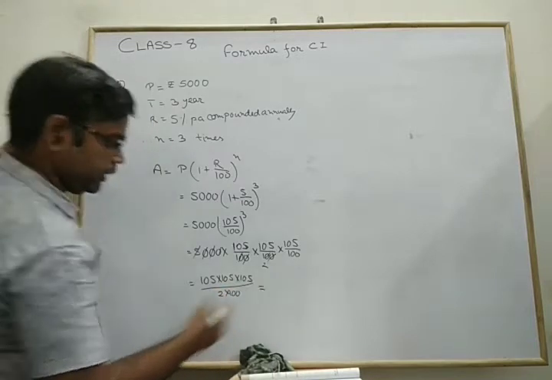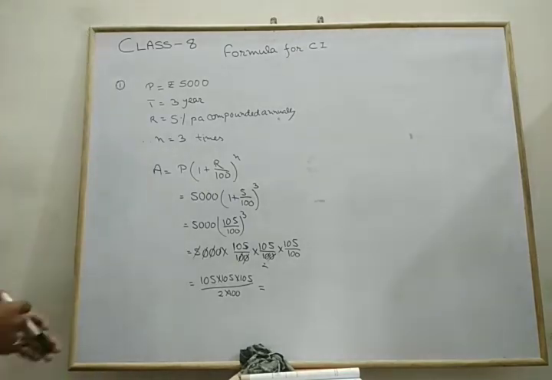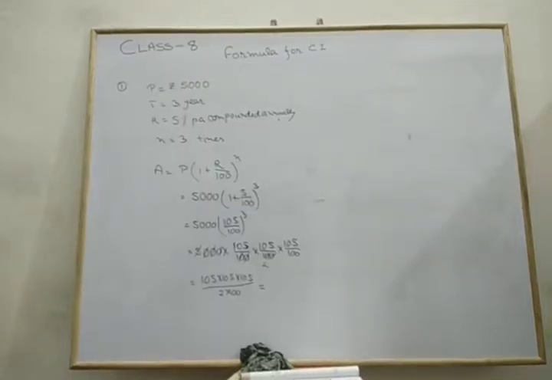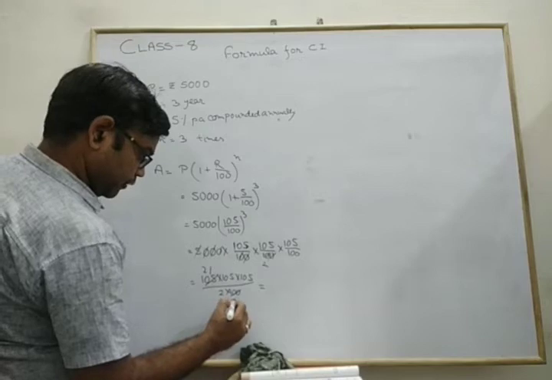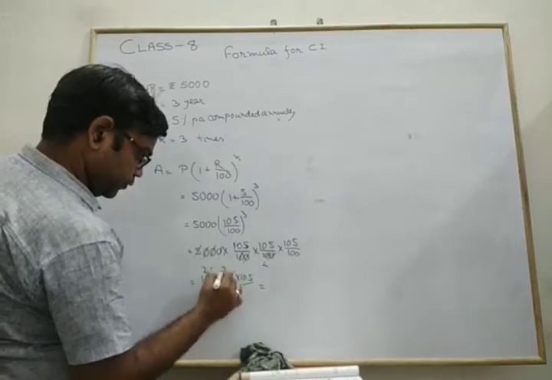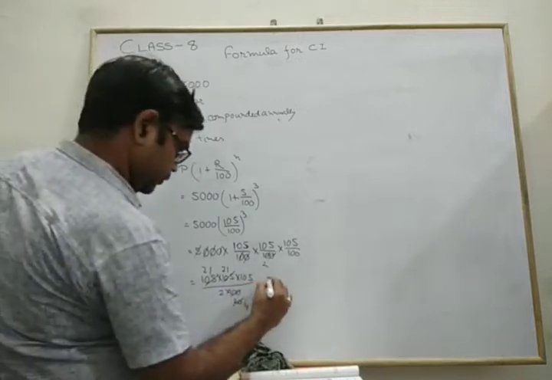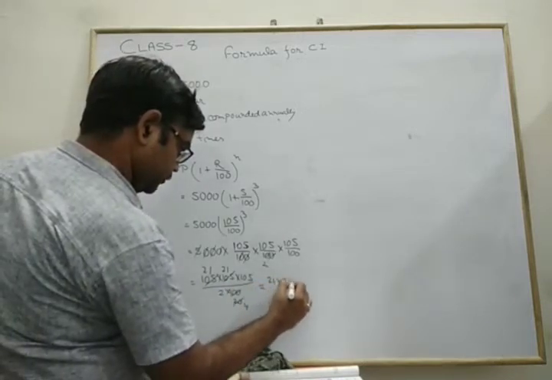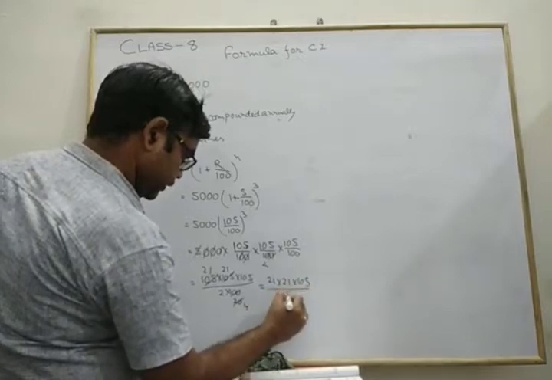Then we calculate, we have the amount. So let's calculate. 5 2s are 5 2s are 10, 5 2s are 1 5 4. Now what do we have? We have 21 into 21 into 105 by 8.